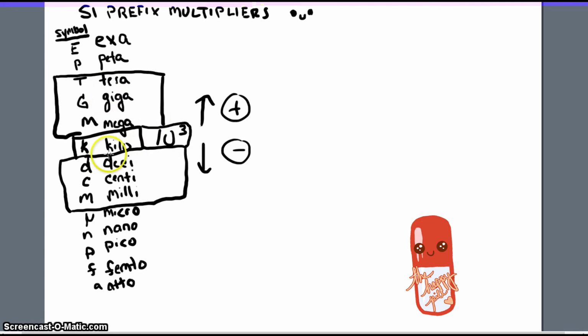So the exponent for that would be a -1. For centi, you just go even smaller to a -2. And for milli, you go even smaller to the exponent of -3.